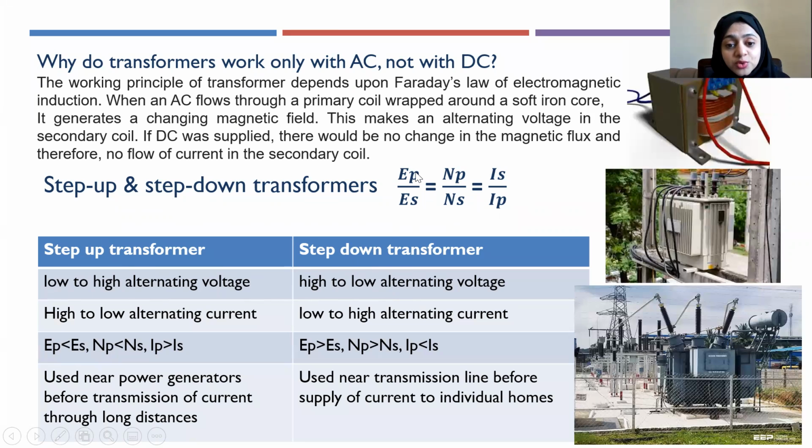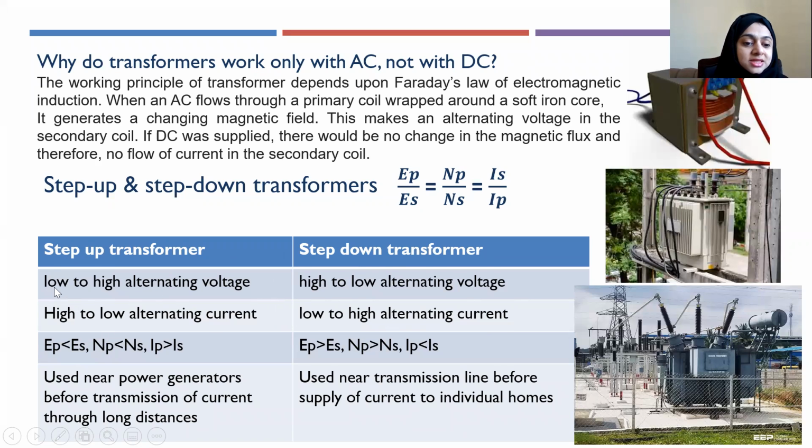And from here we know that voltage and current are in inverse relation. So step-up transformer converts a high alternating current to low alternating current, and a step-down transformer converts a low alternating current to a high alternating current. Just the reverse of voltage.